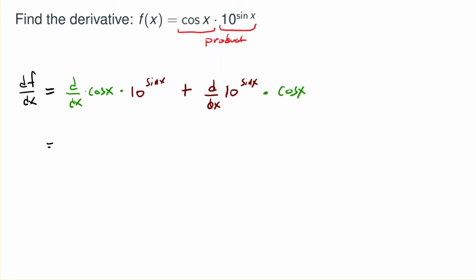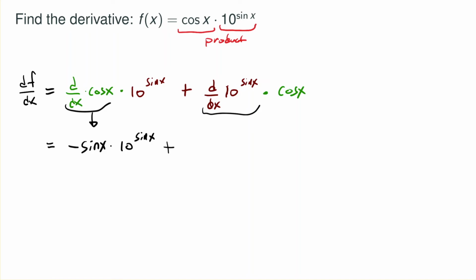So derivative of cosine is negative sine, negative sine x, just multiply by 10 to sine x. And then for this one, we have to use chain rule.